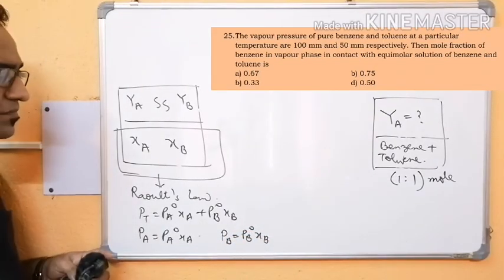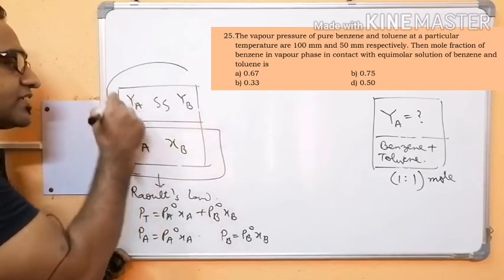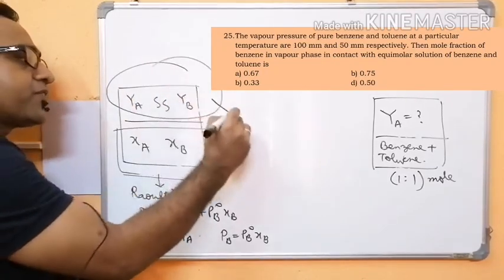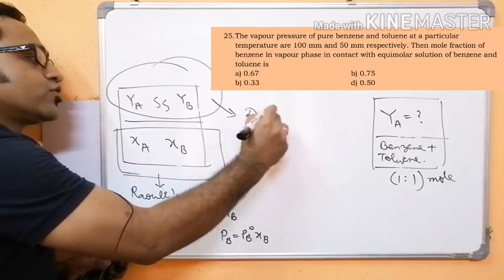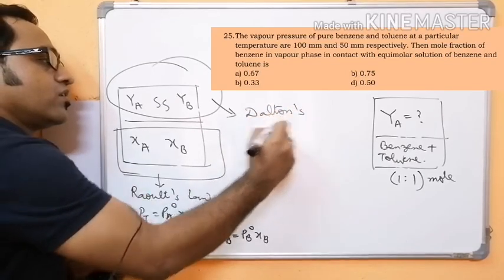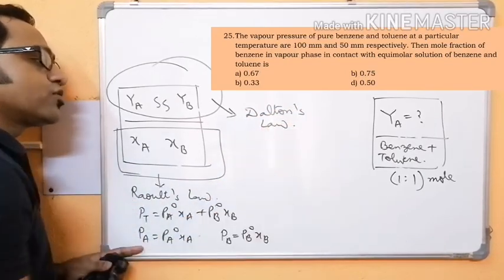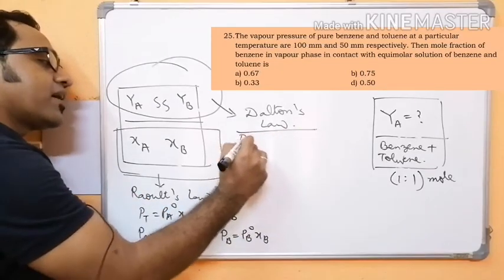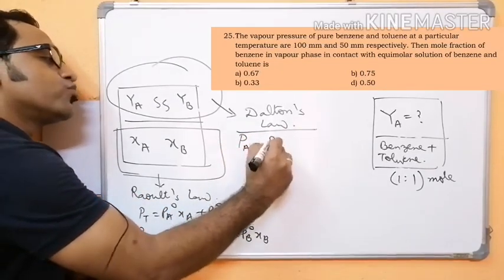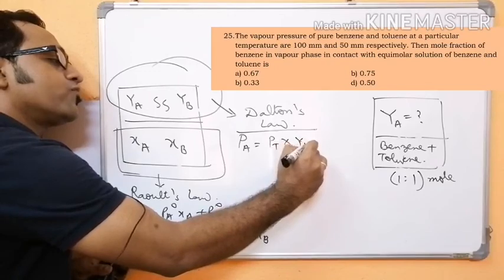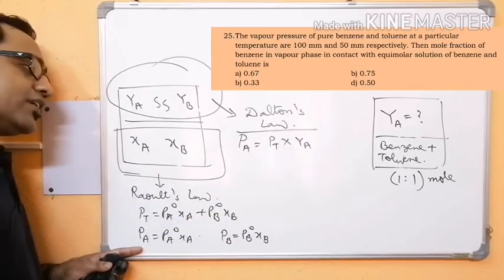Now in the vapor phase, it is governed by Dalton's law of partial pressure, which says the partial pressure of A is equal to total pressure into mole fraction of the component in the vapor phase.